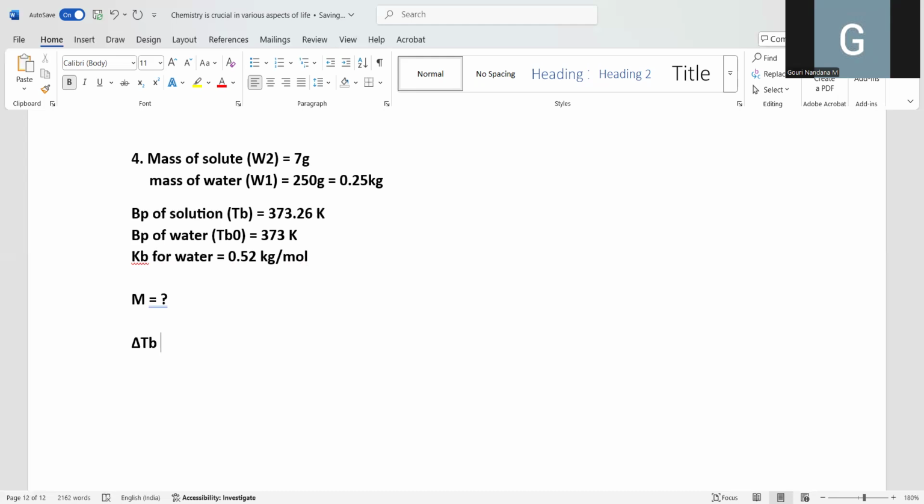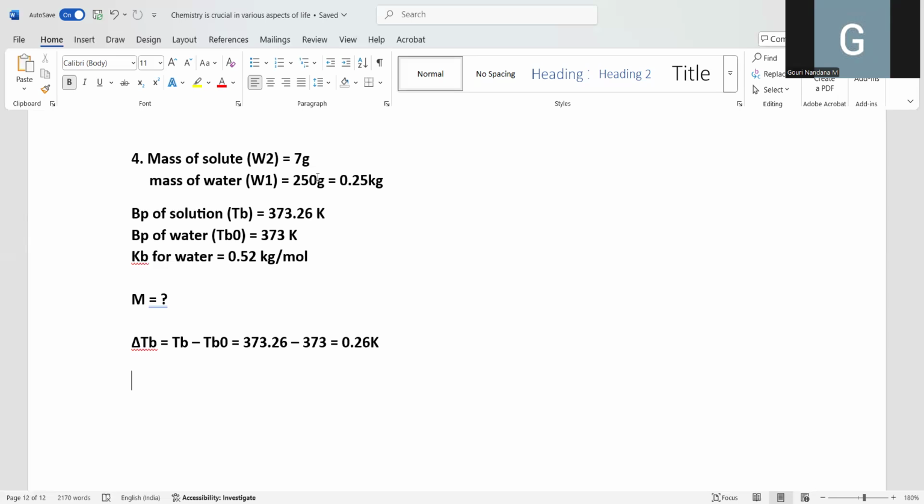Delta TB is TB minus TB0, which is 373.26 minus 373. So the answer would be 0.26 K.